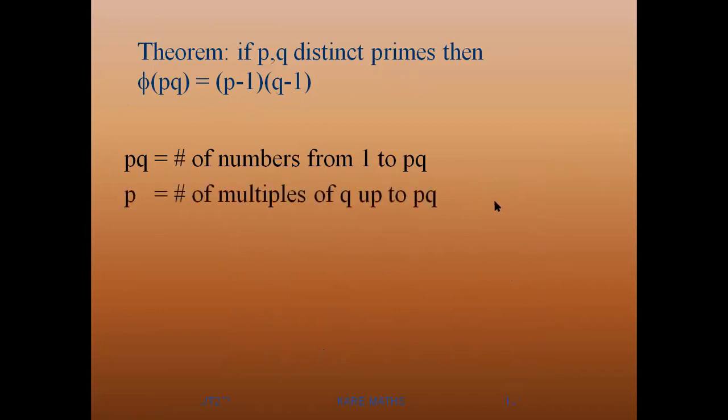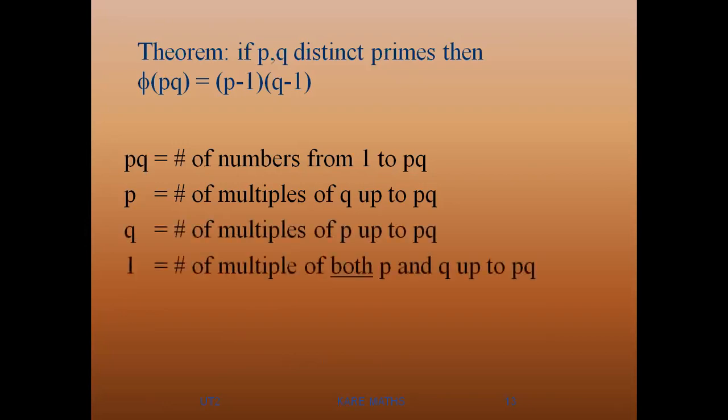A small example will be dealing with this. Among the numbers from 1 to PQ, there are multiples of Q up to PQ, multiples of P up to PQ, and one multiple of both P and Q up to PQ. Just remember the statement.